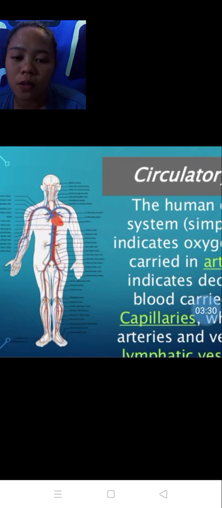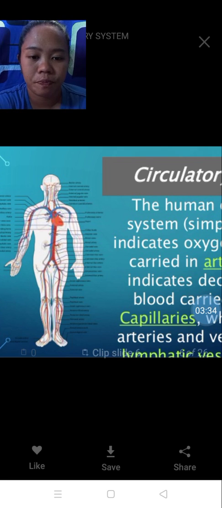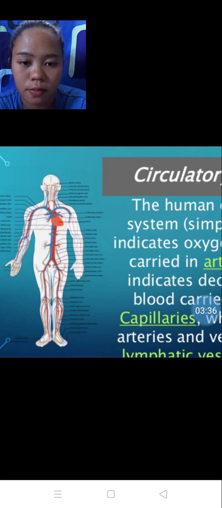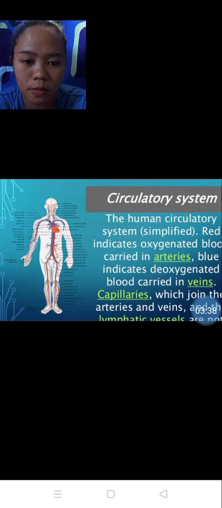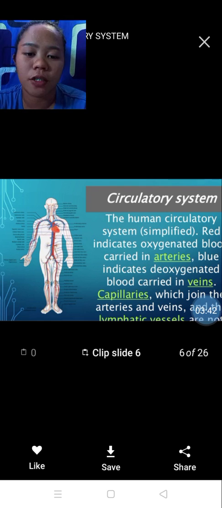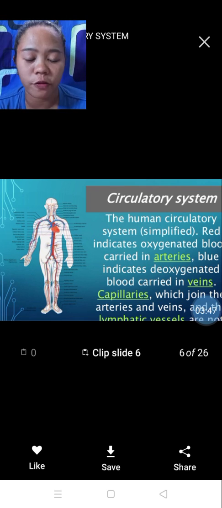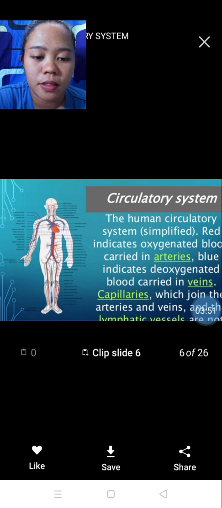So the red is indicated as the red blood cells. So, red indicates oxygenated blood carried in artery. The blue indicates deoxygenated blood carried in vein. And the capillary which joins the artery and the vein.